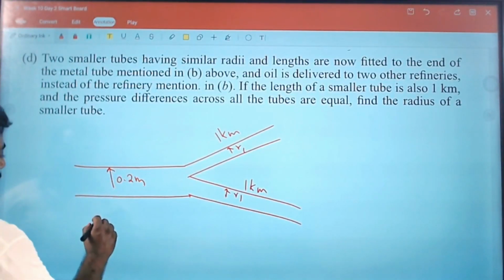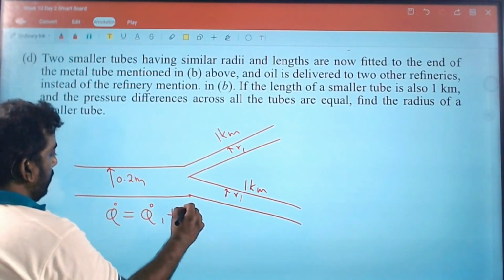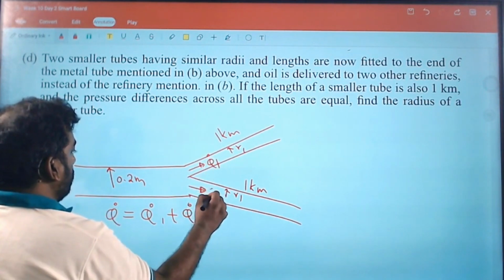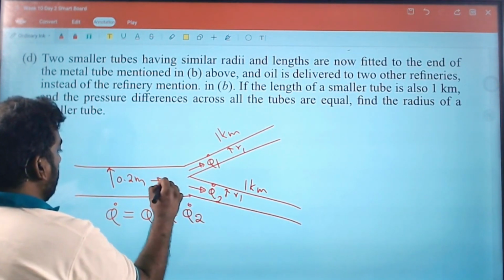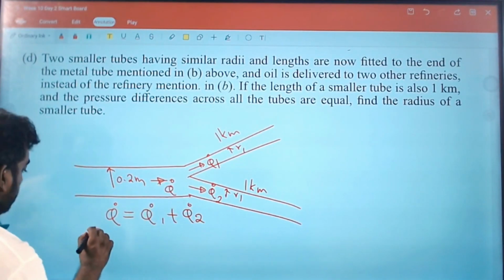So volume flow rate Q dot is Q dot 1 plus Q dot 2. Simplify this.